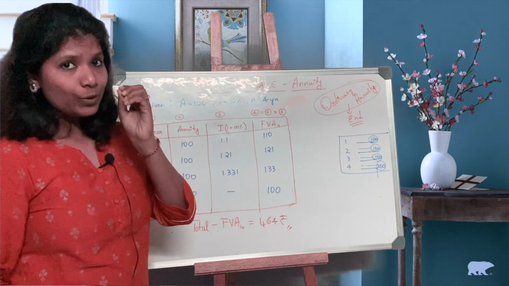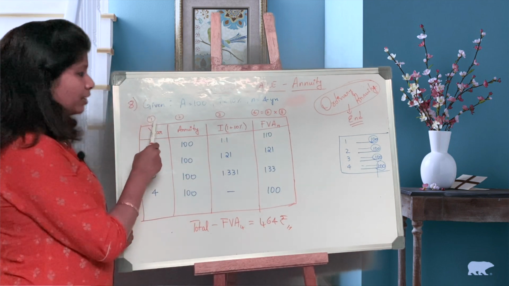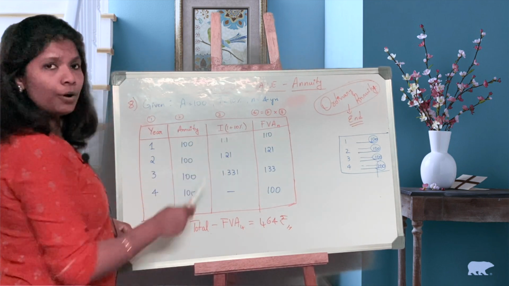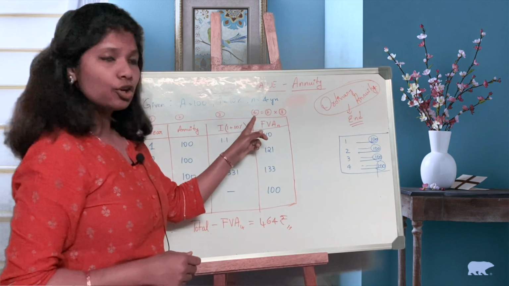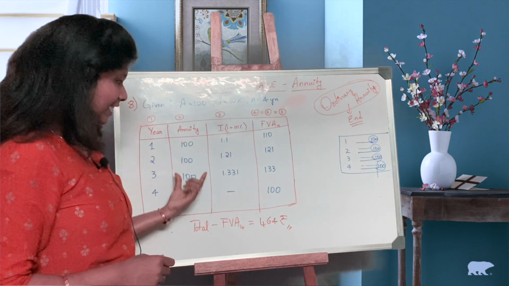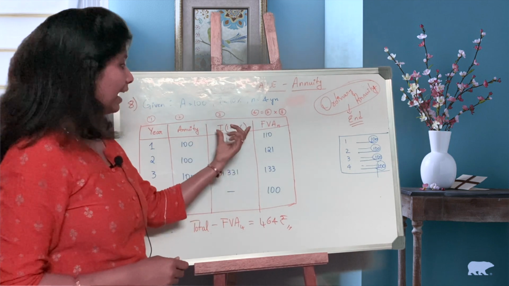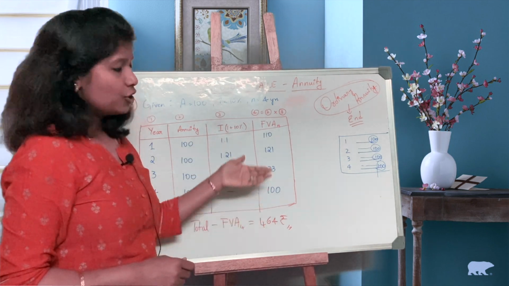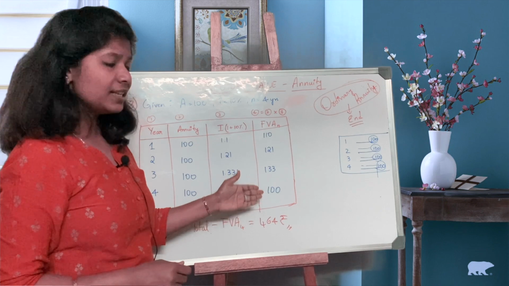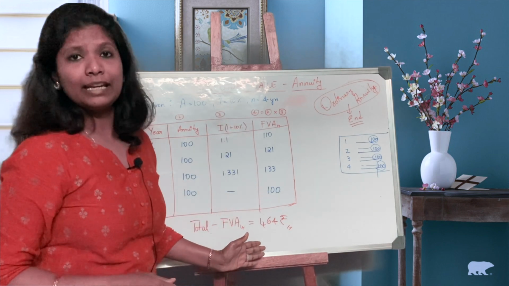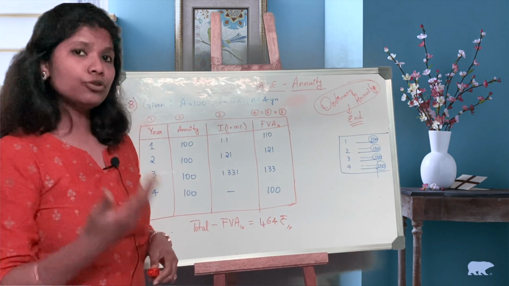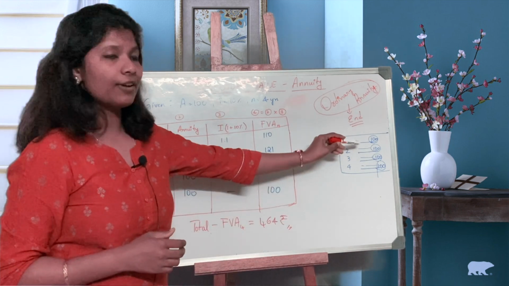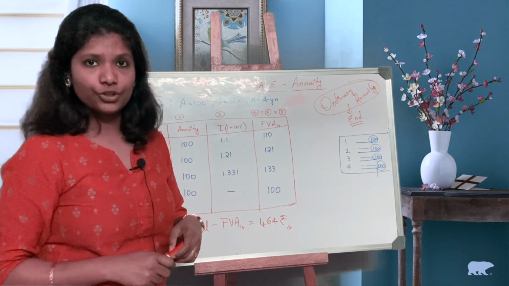Give a number to each column: column number 1, 2, 3 and 4. So how do you find the future value of annuity? Fourth column equals your second column multiplied by your third column. Once you multiply and get your answers, just total it up, and you will end up at the same answer. 464 rupees is your future value if you start investing from now, 100 rupees each year.